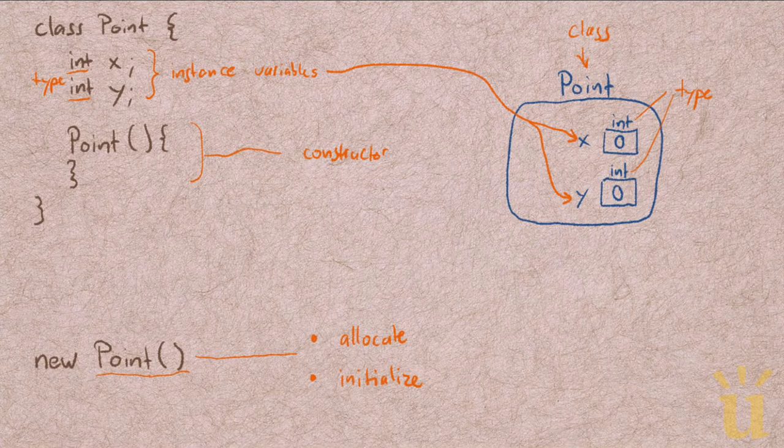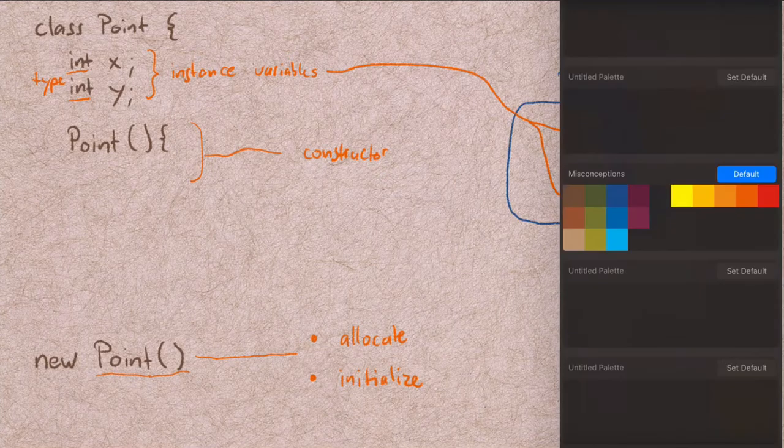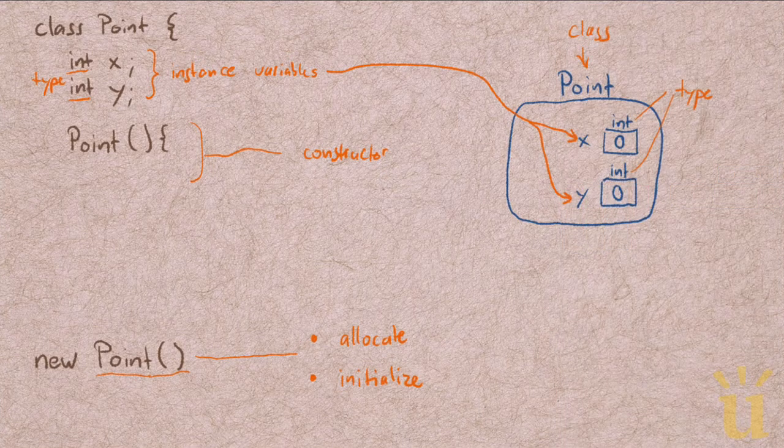Now we could have a constructor which initializes them, so we could actually say let's do the initialization in here explicitly, and then we would say, let's say x equals 5 and y equals 3.